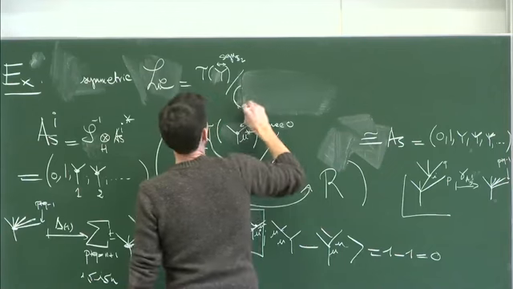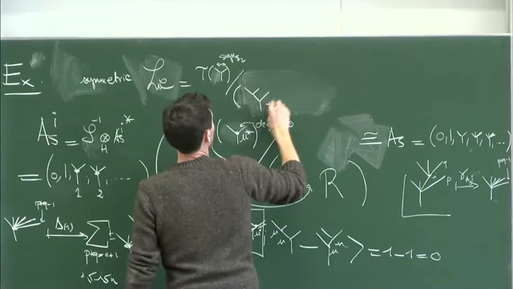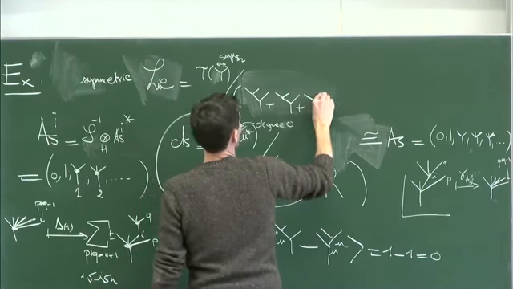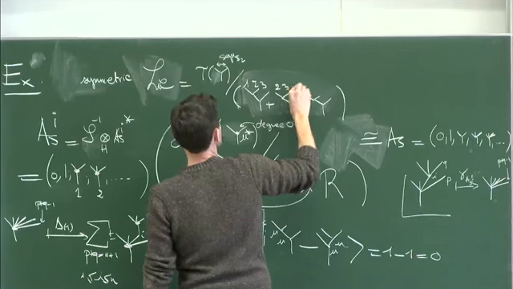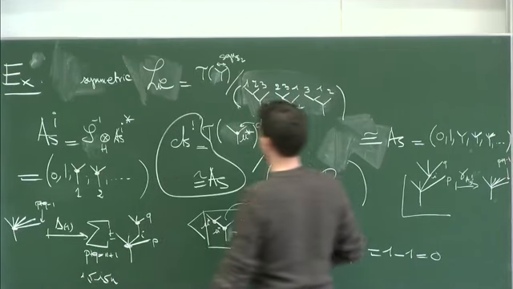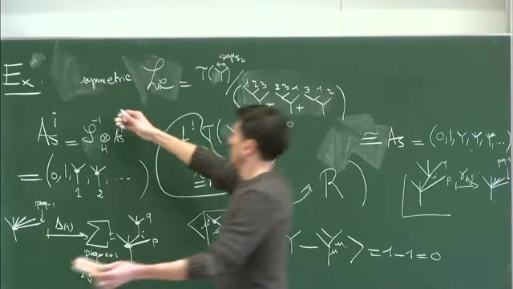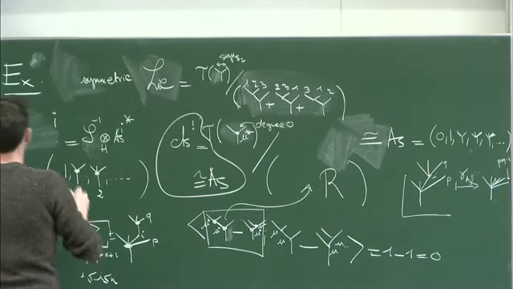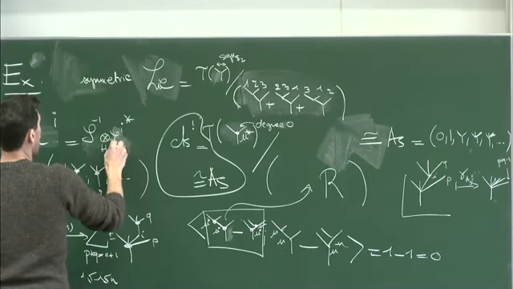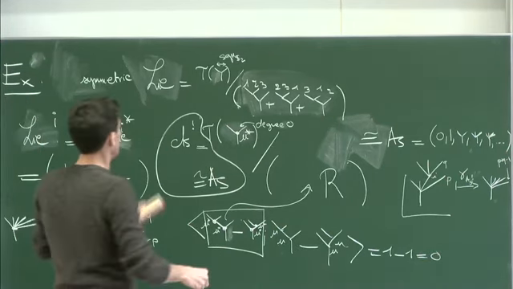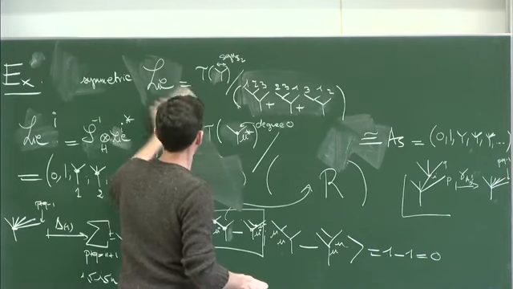Then, what is the Jacobi relation? Let me write it like this. Lie Schrick is an S so far. This is true. Then how do I compute Lie Schrick?